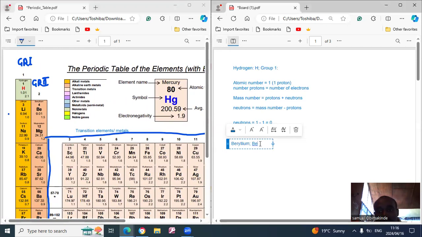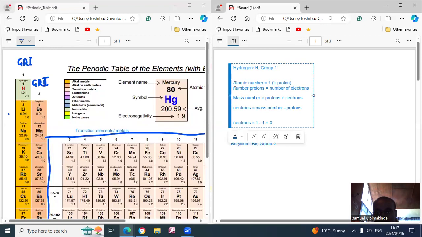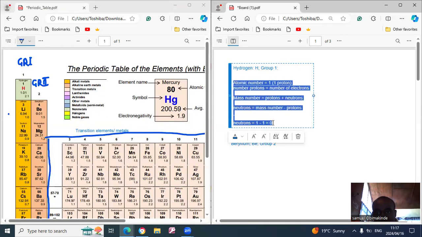So the atomic symbol of beryllium is Be. Then beryllium, if you look at it, is in group 2. It's a group 2 element. So this is group 2. Now let's examine each of these attributes. So let me see if I can copy and paste.